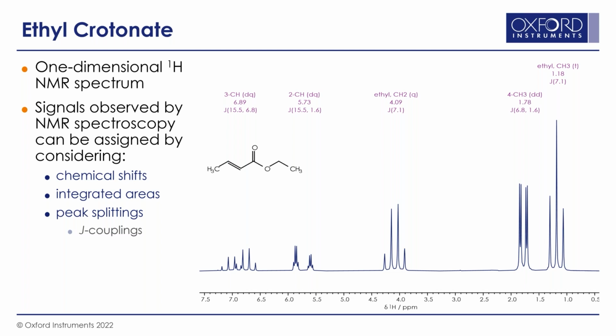These splitting patterns can be predicted. One way is to apply the N+1 rule for spin-half nuclei like protons. N equivalent neighbors will split a resonance into N+1 peaks. For example, in an ethyl group, the CH2 is split by CH3 into 4 peaks. Conversely, the CH2 splits the CH3 into 3 peaks.